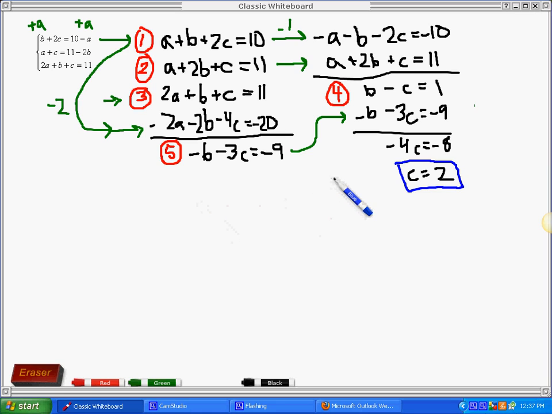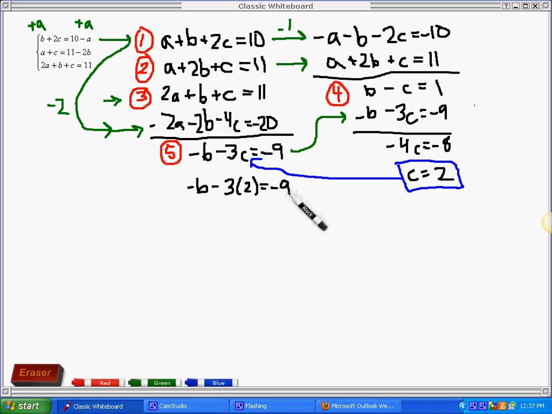Now, we can take this c equals 2 and plug it into equations 4 or 5 to find b. I'm going to go ahead and plug it into equation 5 here because I have room right underneath it. And when I do that, I end up with negative b minus 3 times 2 equals negative 9. Which gives me negative b minus 6 equals negative 9.